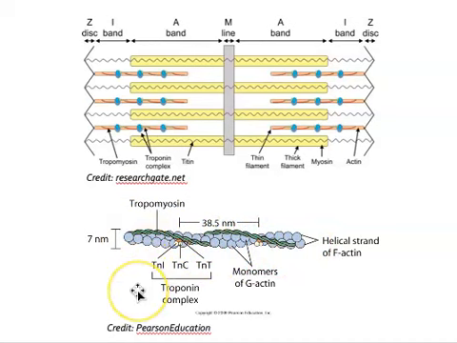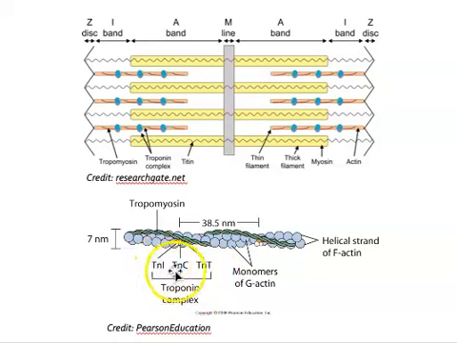Now there's a second protein that's much harder to see in this drawing. It's located right here. It's a protein called troponin, and troponin is actually composed of three different parts. What's called troponin I, troponin C, and troponin T. Now we shorthand that as TNI, TNC, and TNT.